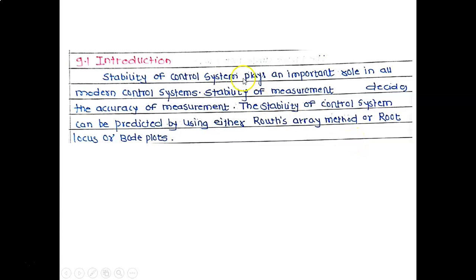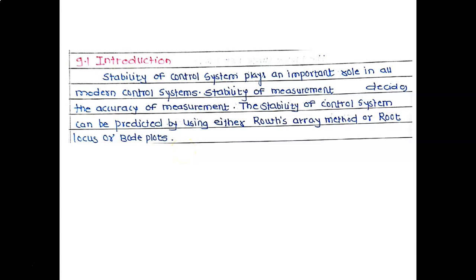Now, introduction. Stability of control system plays an important role in all modern control systems. Stability of measurement decides the accuracy of measurement. The stability of control system can be predicted by using either Routh's array method, root locus, or Bode plots.